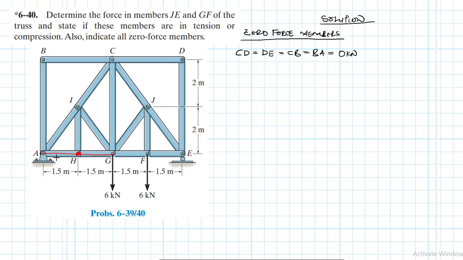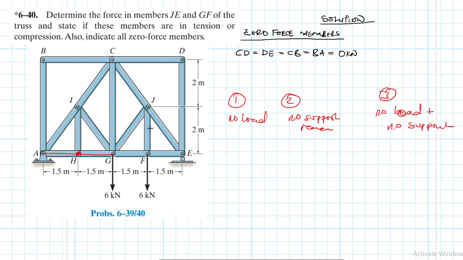The third member connected to that joint is classified as a zero force member as long as there is no load at that joint, or no support reaction, or no load plus no support reaction.